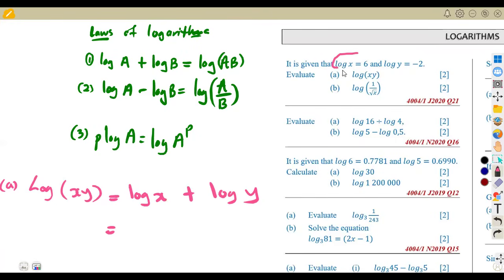What is the equivalent of log x here? The equivalent of log x is 6, plus the equivalent of log y. The log of y is equal to -2. So we combine 6 plus -2. Remember, plus and minus gives us a minus. So it's 6 minus 2, which is 4.